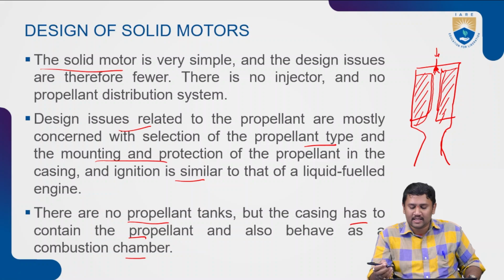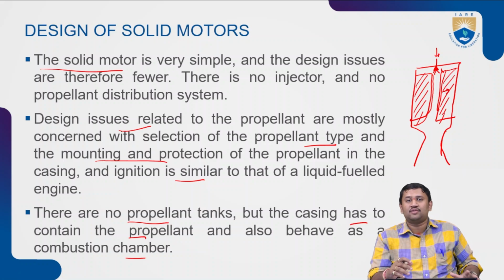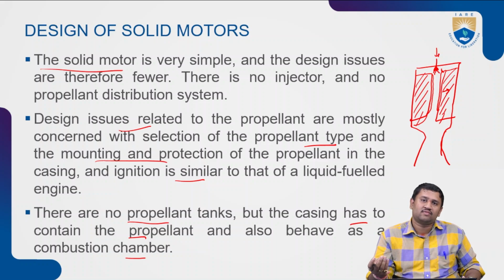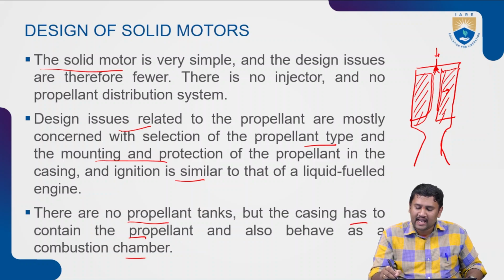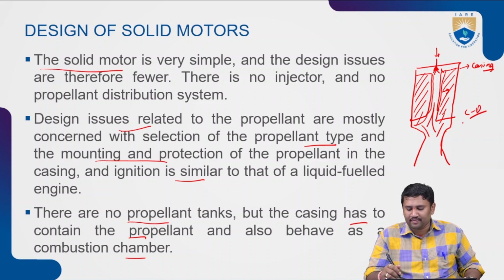As soon as the ignition takes place, it tends to burn laterally. So, there is no other separate area to store the propellant and to combust it. Whenever the combustion takes place, it occurs inside the casing, and after the combustion is done, the same gases are passed on to my nozzle, the rocket nozzle, and right after the throat they are expanded to supersonic speed.